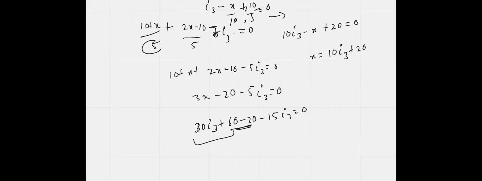I can see that 40 minus 15 times I3, so I3 is coming out to be 40 by 15.